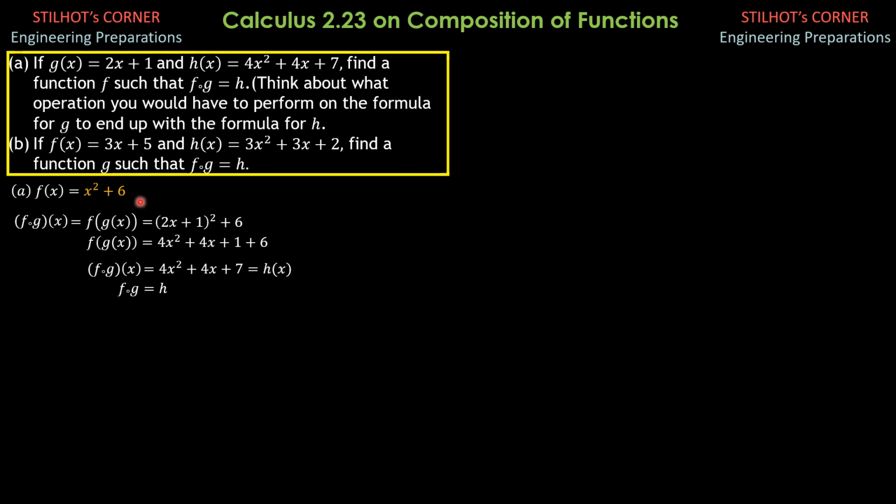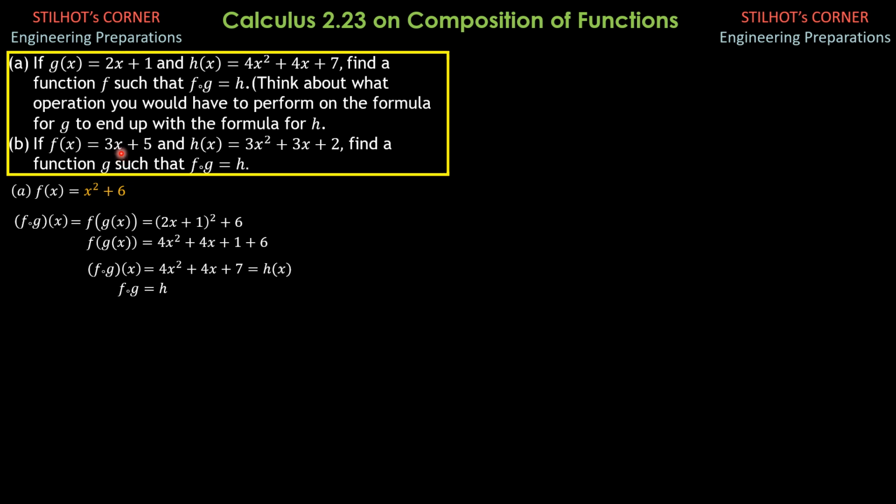Then for part B, f of x is 3x plus 5, and h of x is 3x squared plus 3x plus 2. Then we have to find g as a function of x such that f of g is equal to h. So the value to be substituted: because this is 3x squared plus 3x plus 2, and there is 3 already here, g of x is x squared, plus, because there is 3x here, 3 times quantity x.